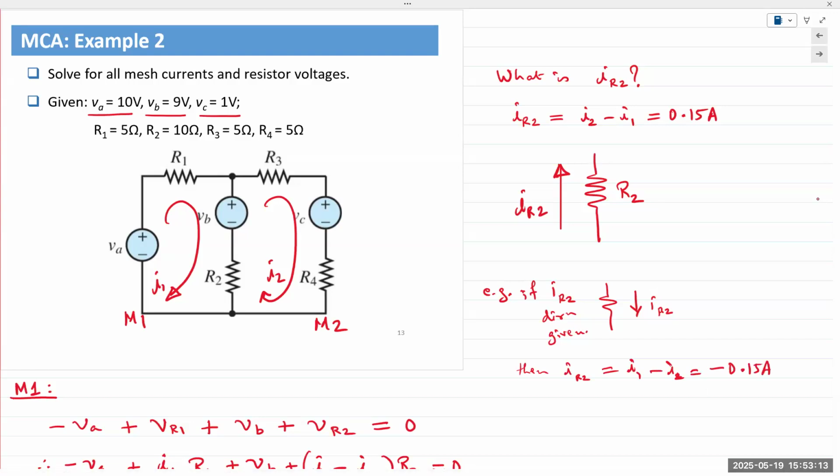The magnitude obviously would never change. Only the direction, I mean, the sign would change depending on the assumed direction or the given direction, right? Nothing else changes. Current going up is plus 0.15. Current going down would be minus 0.15. Both are technically correct.